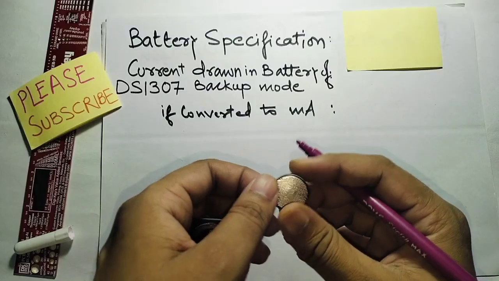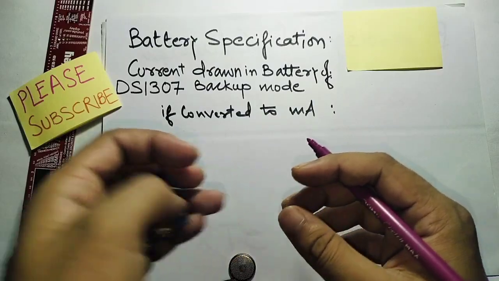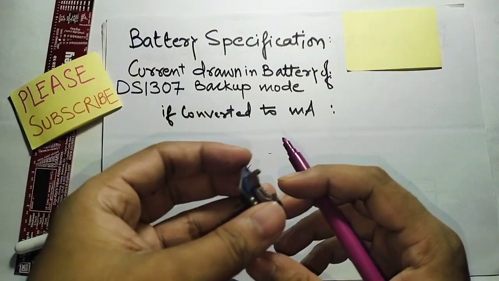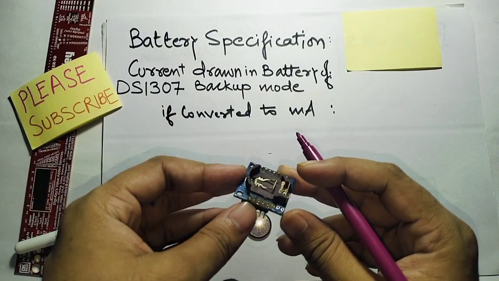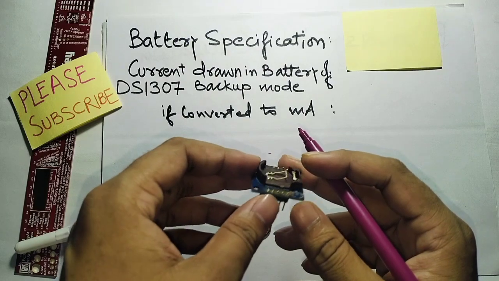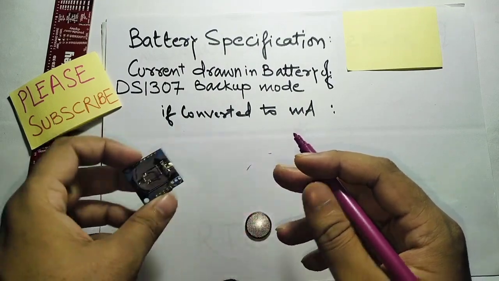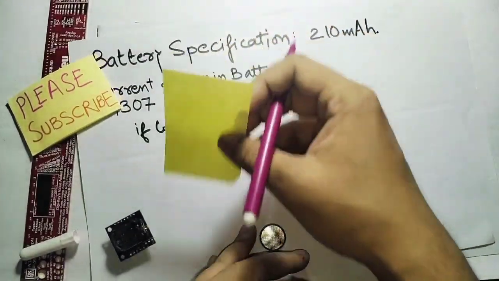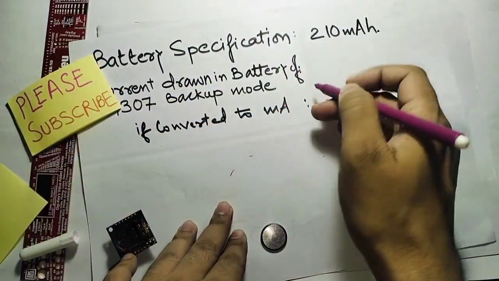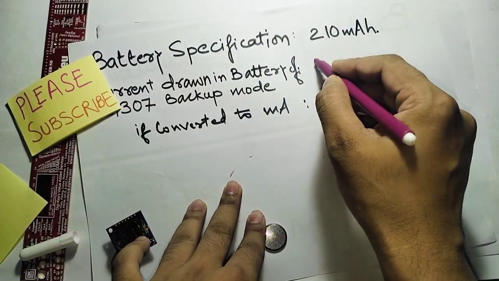Every battery has a different mAh, and this one is 210 mAh. The power consumption of this module is around 500 nanoampere, nA.